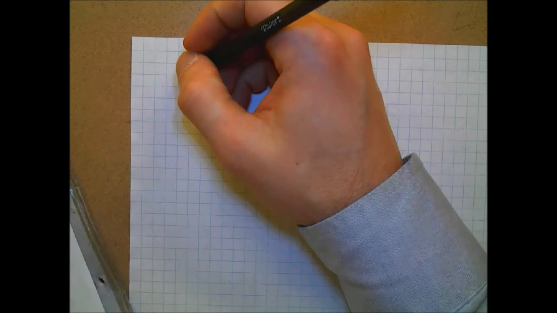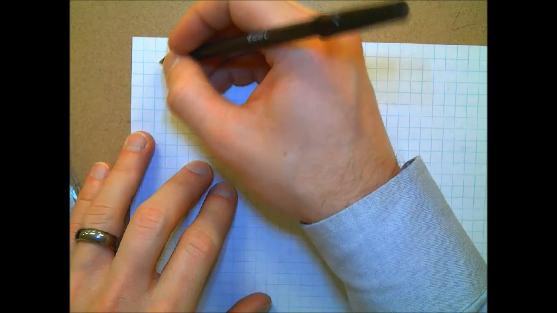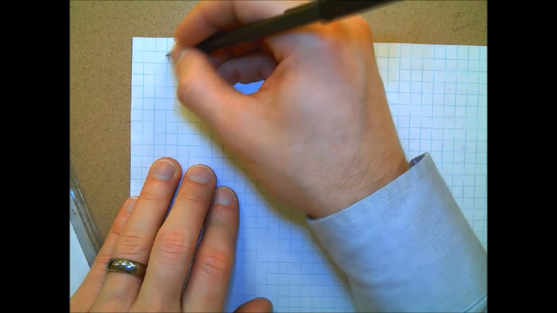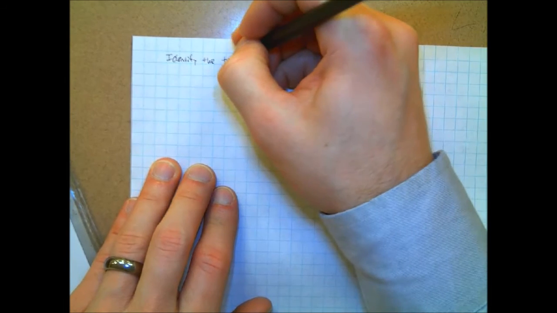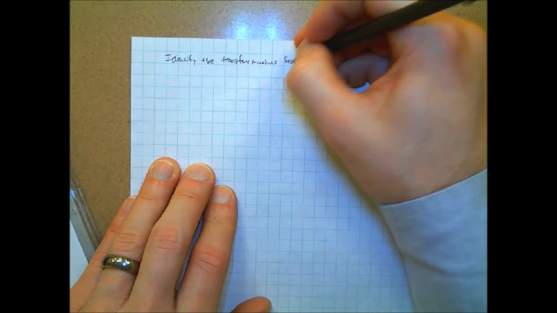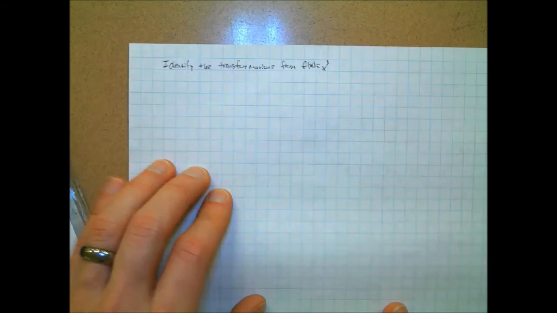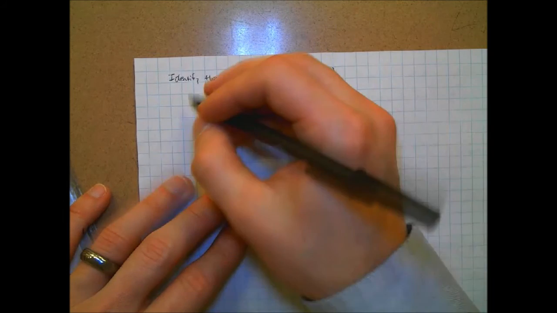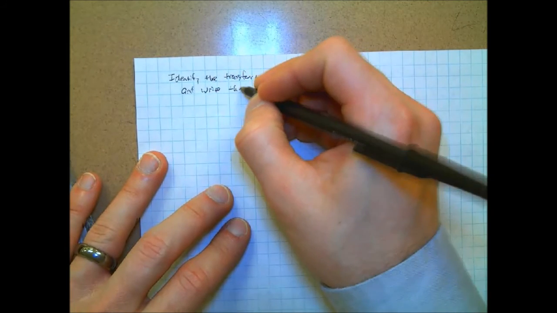Okay, so let's identify the transformations from f of x equals x cubed, and write the function.